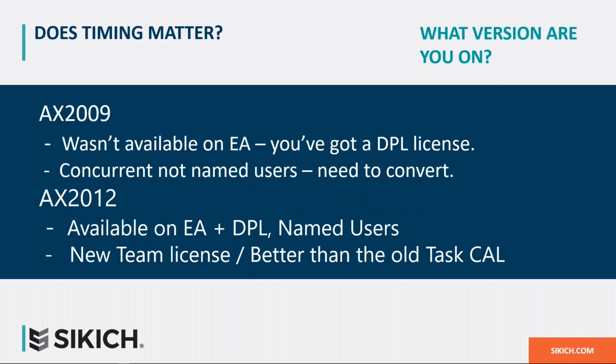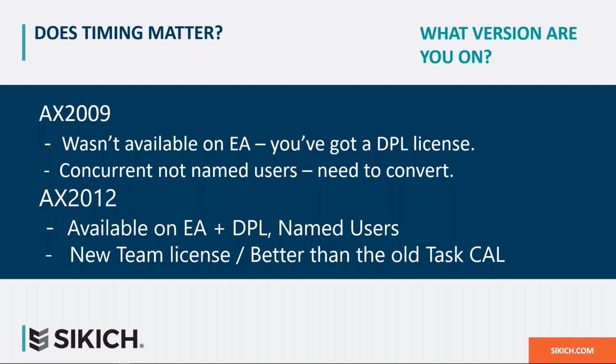All right, so what version are you on? If you're on AX 2009, it was never on the EA in the first place, so you'll have acquired your license through the DPL. When I talk about timing your migration, keep in mind that you will be a DPL client. Now, you may wish to buy your D365 licenses on your EA if you have one now. This goes for 2012 customers as well. Or you may want to buy them on CSP.